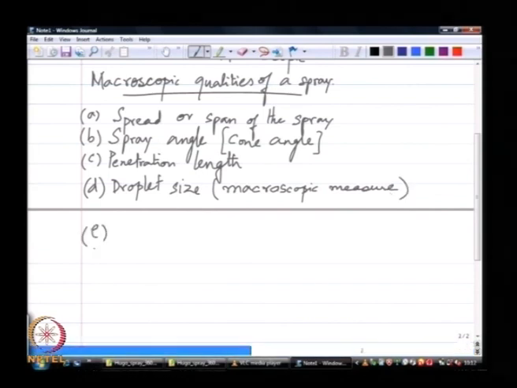Any others that we want to include? So, droplet velocity. Velocity. We will just say velocity, again as a macroscopic measure.